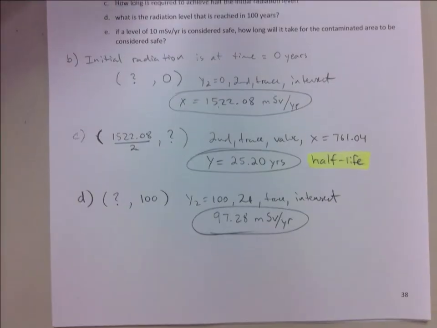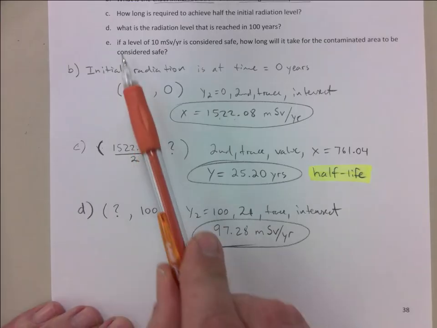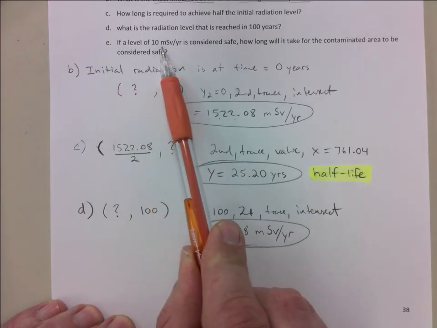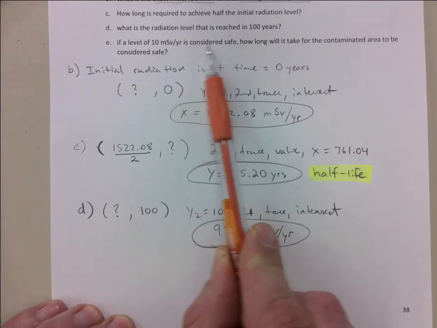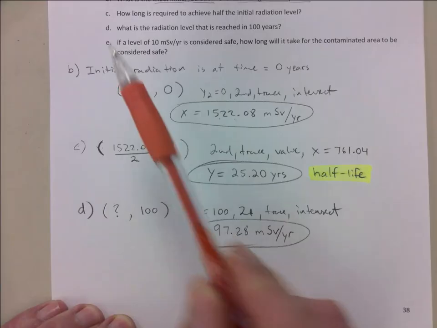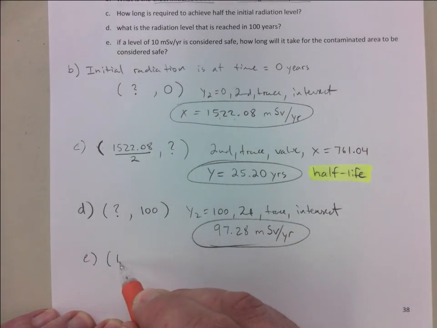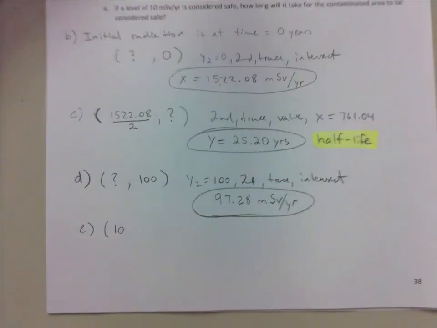And E, I know I'm not graphing, I know that. I think for now I'm just going to focus on you being able to answer questions. If a level of 10 MSV per year is considered safe, how long will it take for the contaminated area to be safe? Again, they're saying when radiation is 10, right?